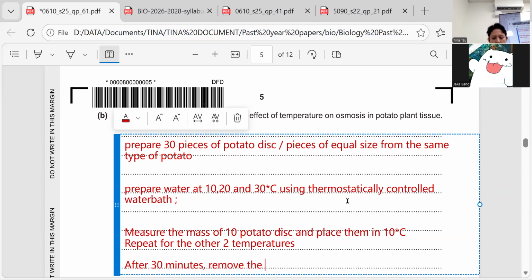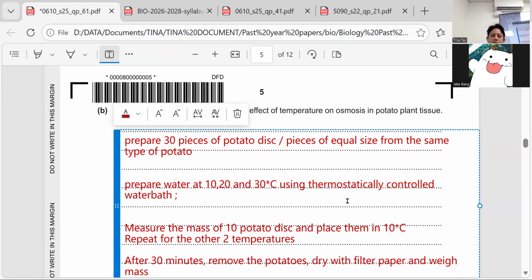Remove the potatoes, dry with filter paper and weigh mass. Wait.